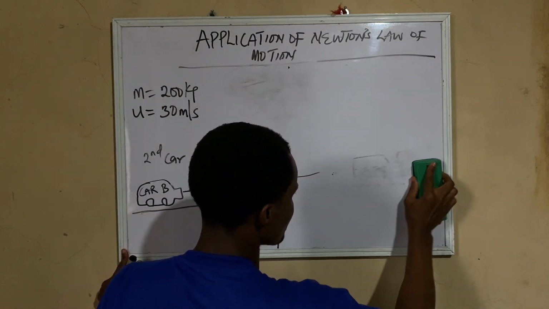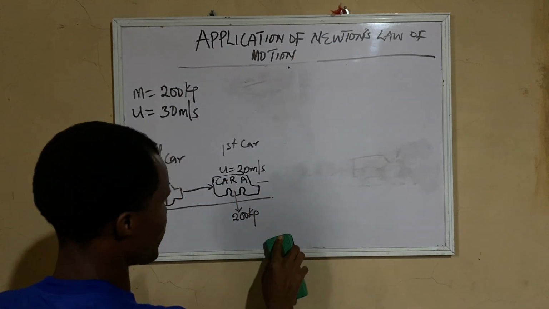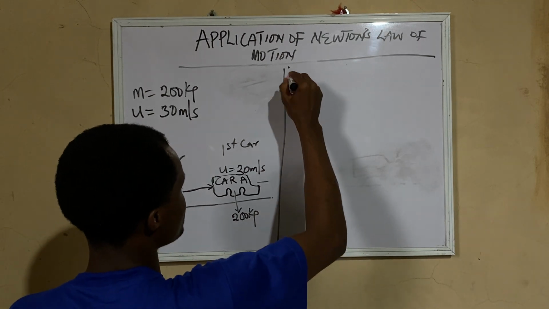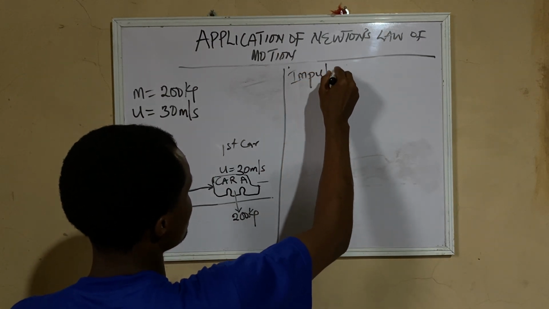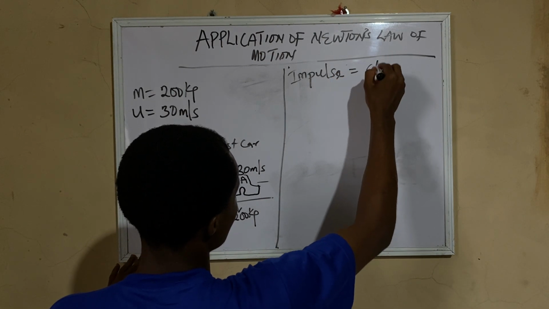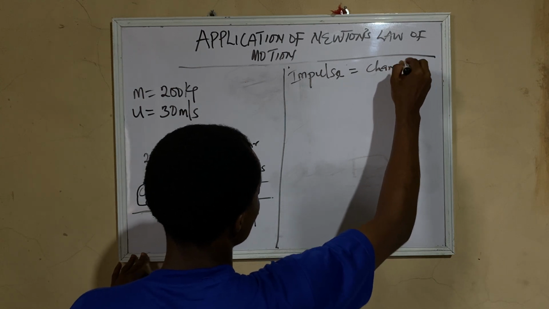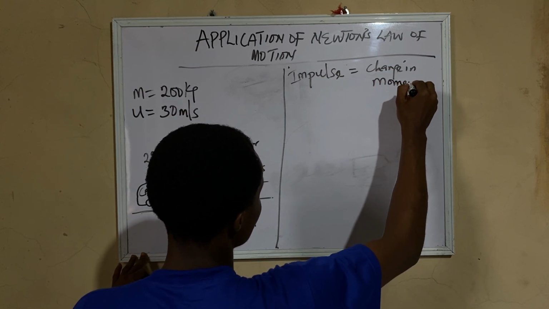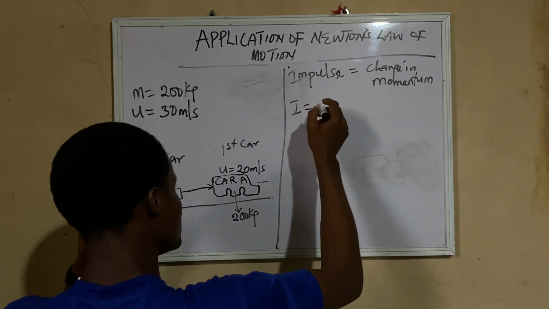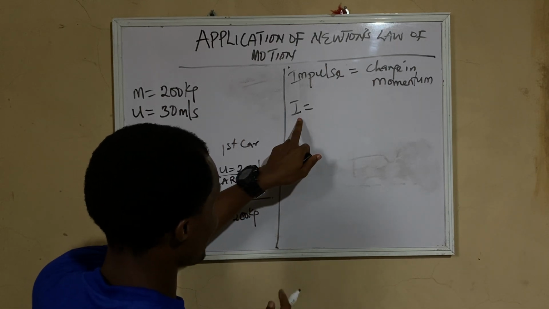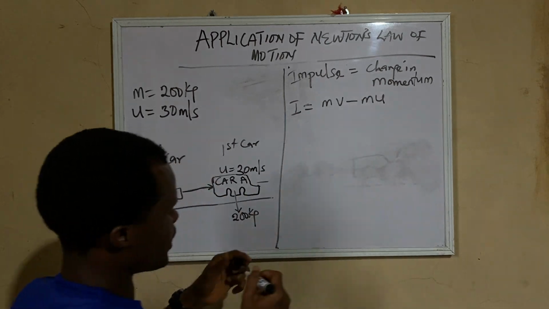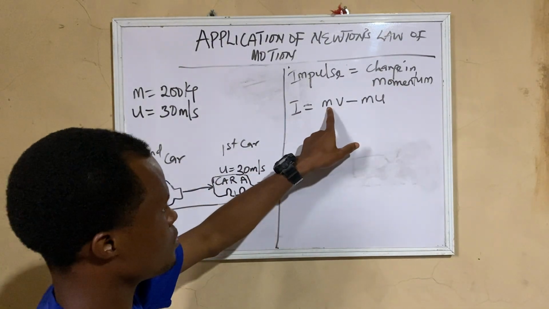So we go back to our formula again. Impulse is equal to change in momentum, if you can remember. So our impulse I is equal to mv minus mu, the change in momentum.